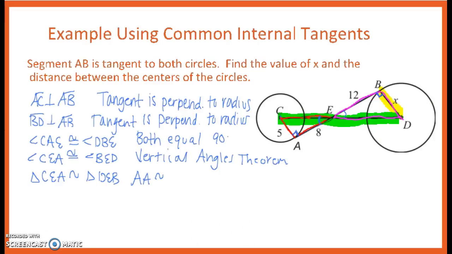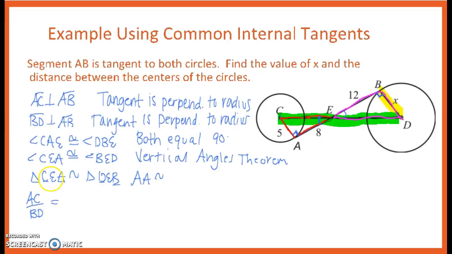So now that we see the two triangles are similar, we can set up the following proportion. My congruence statement will help me set this up. I can say that AC is to BD. So that's the first and third letter of the first triangle, and the first and third letter of the second triangle.